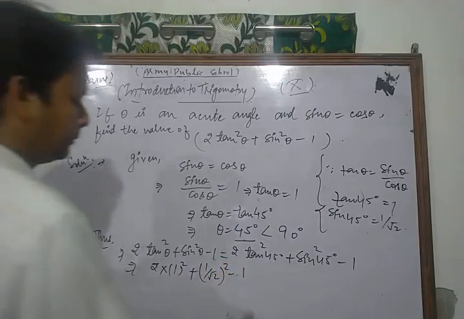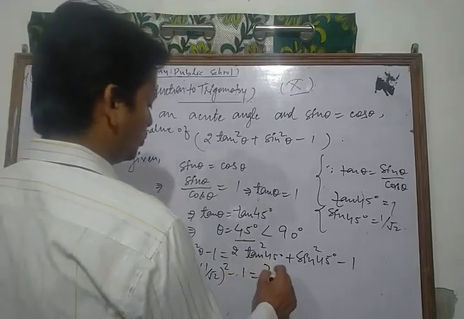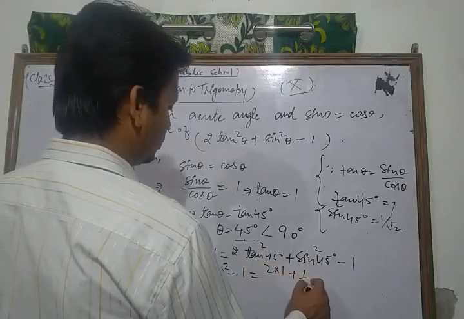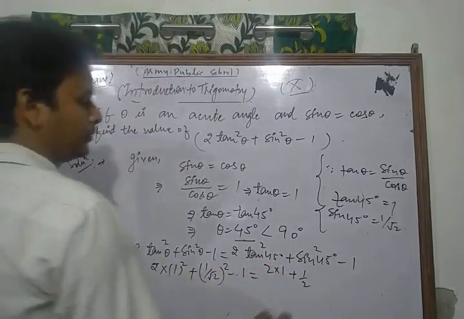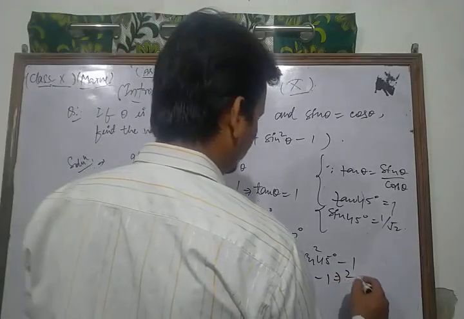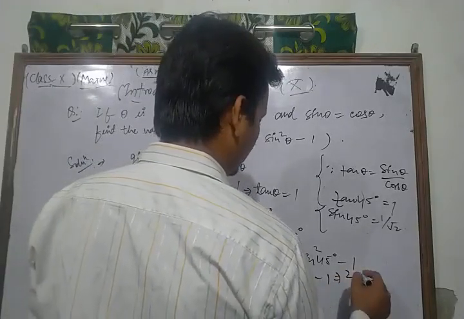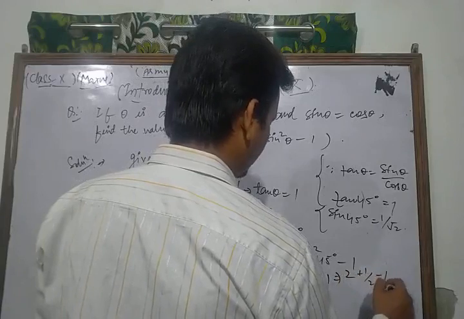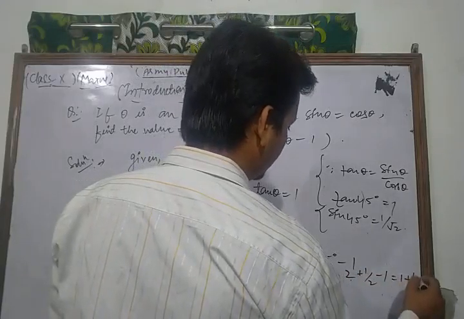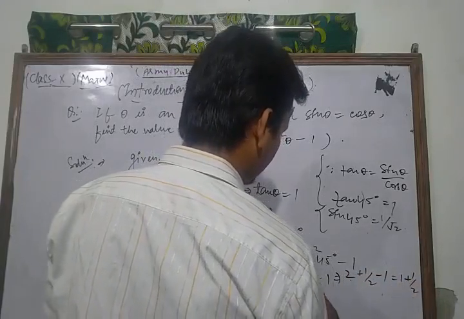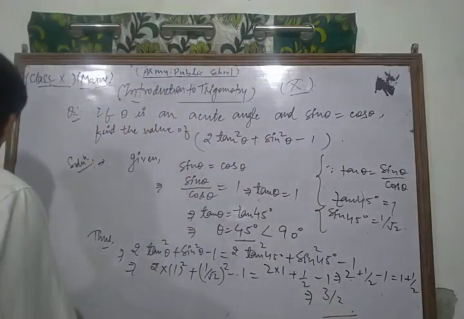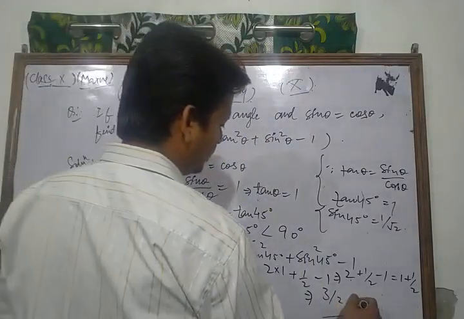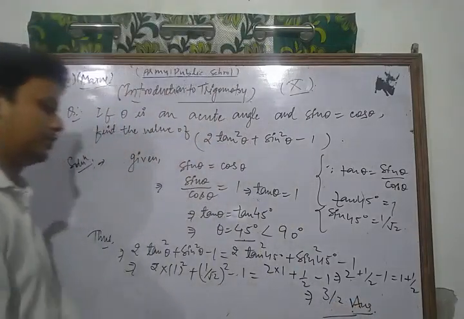Simplifying, we get 2 into 1 plus 1 upon 2 minus 1, because squaring 1 upon square root 2 gives 1 upon 2. So we get 2 plus 1 by 2 minus 1, that is 1 plus 1 by 2, which is 3 by 2. So 3 by 2 is our required solution of the given question.